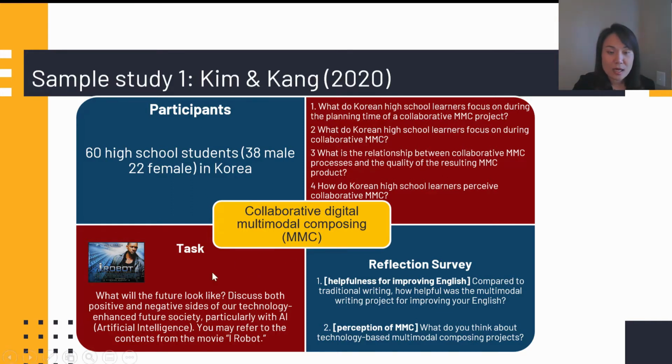And the task prompt is like this: What will the future look like? Discuss both positive and negative sides of our technology-enhanced future society, particularly with AI. You may refer to the content from the movie I, Robot. And we provided a reflection survey, which asks how helpful was this task and what do you think about this task?